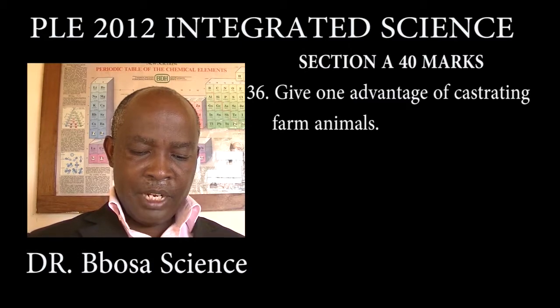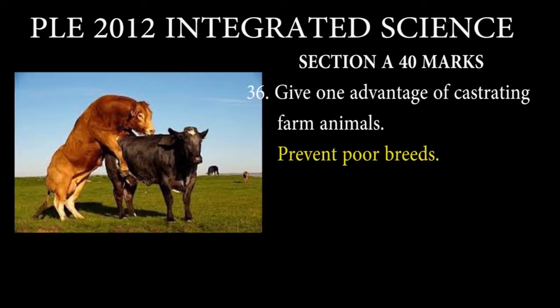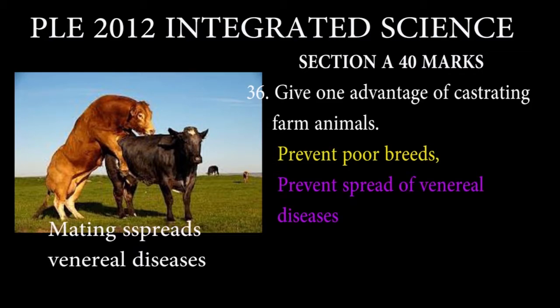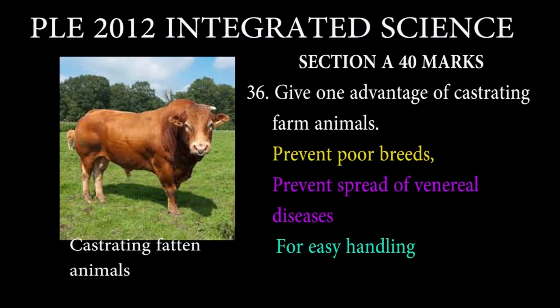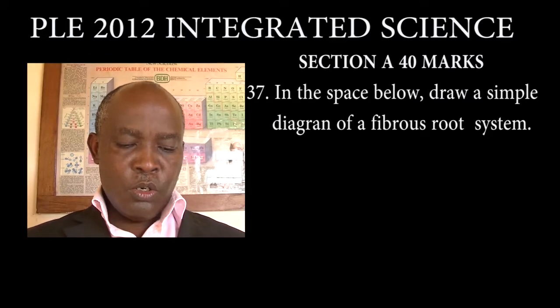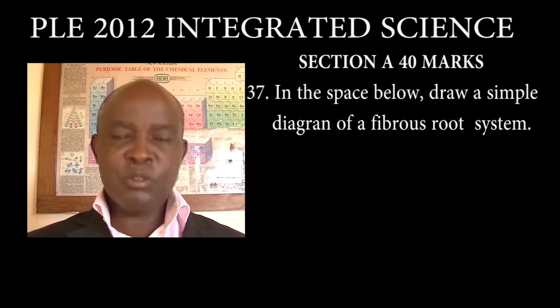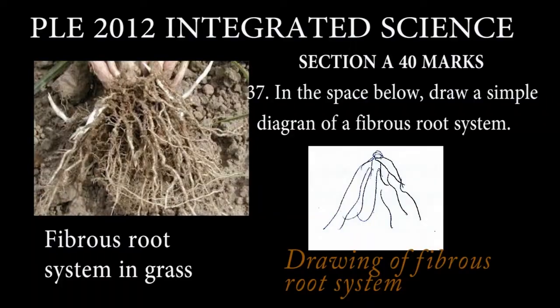Give any advantage of castrating farm animals: to prevent poor breeding, to prevent spread of venereal disease, for easy handling. Number 37. In the space below, draw a simple diagram of a fibrous root system.